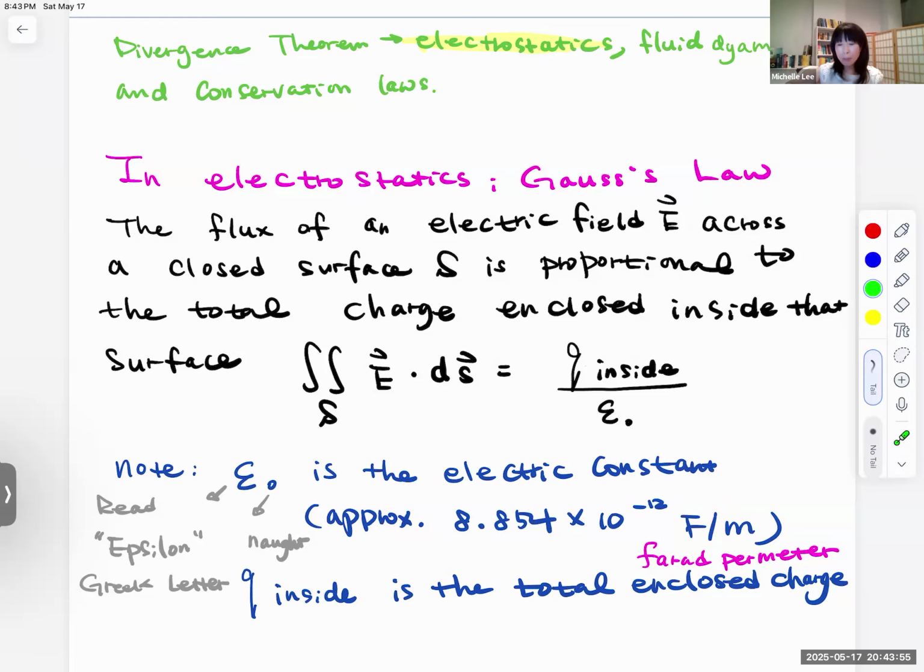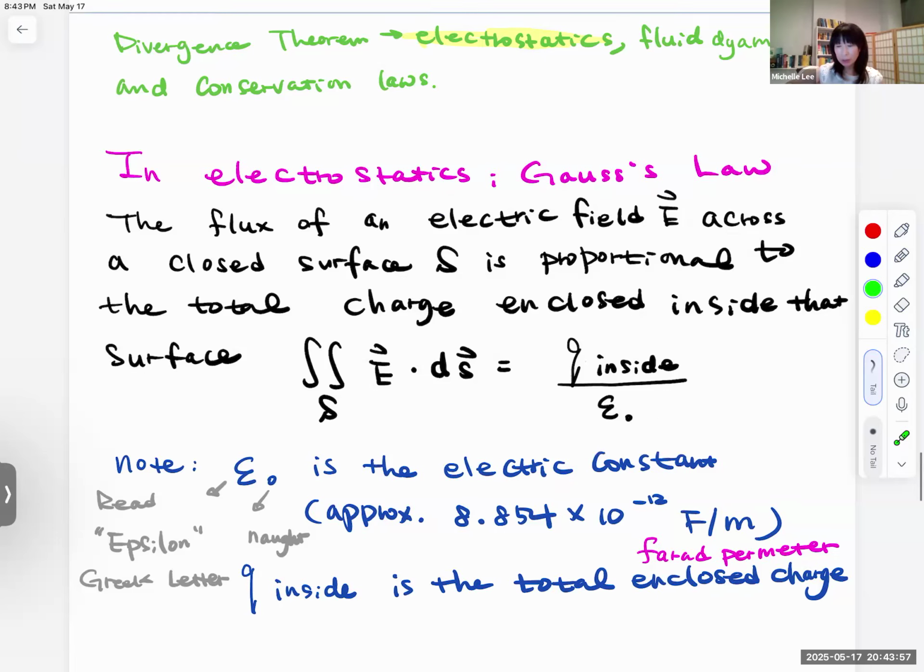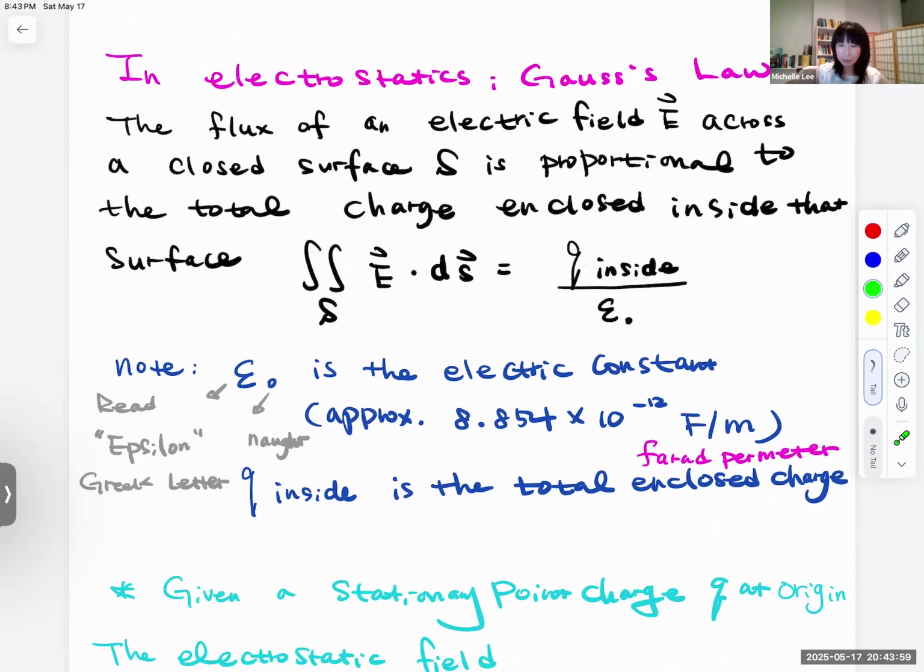Okay, so I'm going to read this one from the textbook. The flux of electric field E across a closed surface S is proportional to the total charge enclosed inside the surface.